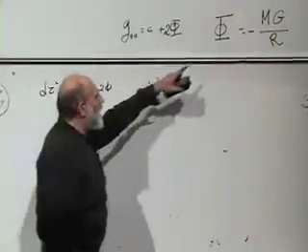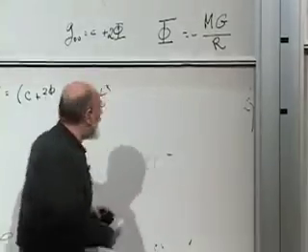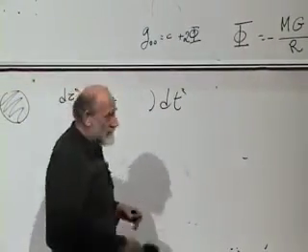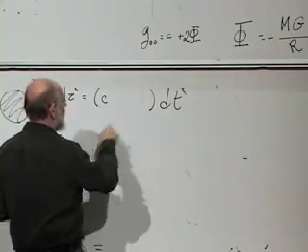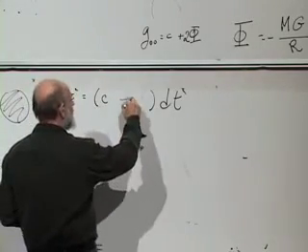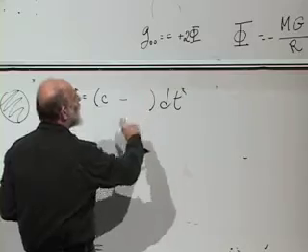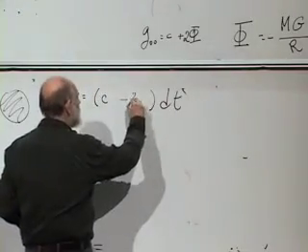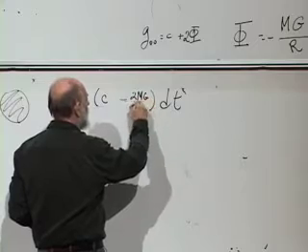But phi is just minus mg over r. Now that may or may not be exact. Happens that it is exact. Minus, there's a factor of 2, and so it's minus 2mg over r.